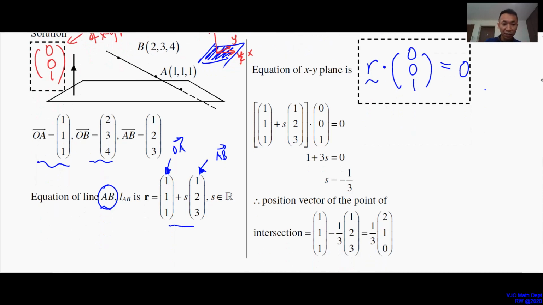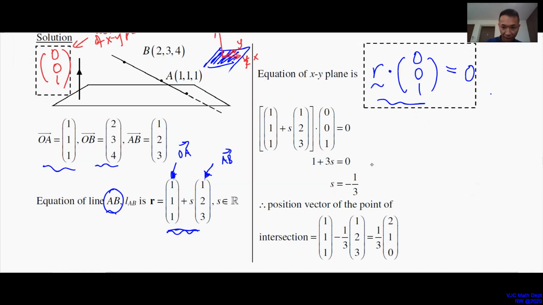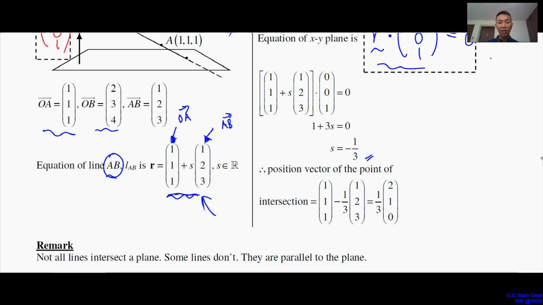You can just solve simultaneously. You substitute this into the xy plane, and we solve to get the value of s. You substitute s back into here, you get the position vector of the point of intersection.